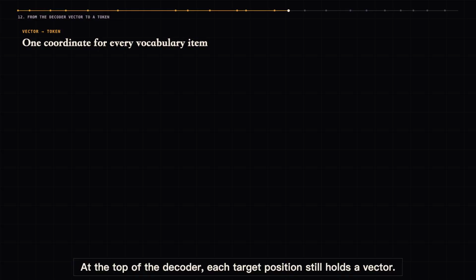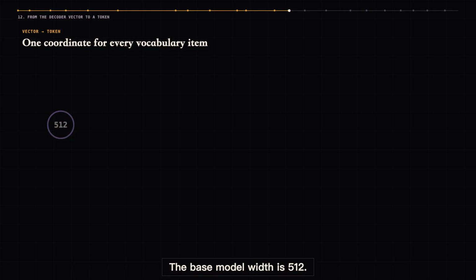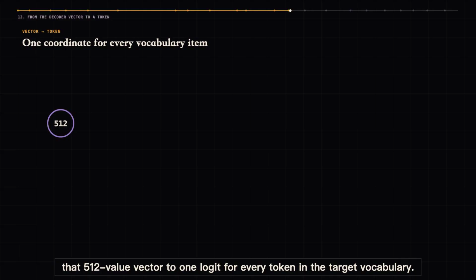At the top of the decoder, each target position still holds a vector. The base model width is 512. A learned linear transformation maps that 512-value vector to one logit for every token in the target vocabulary.